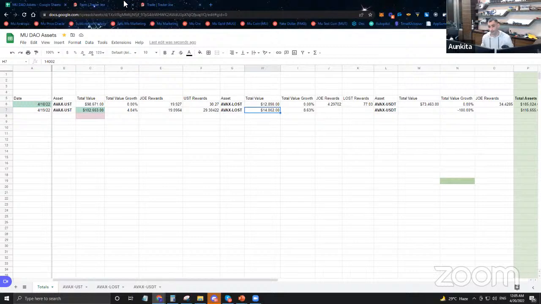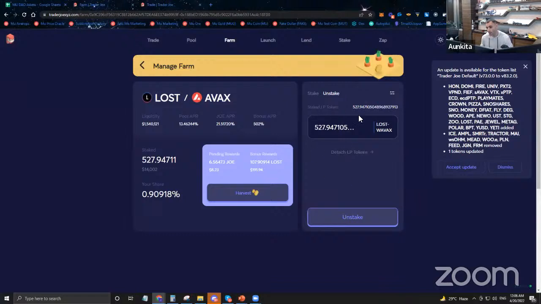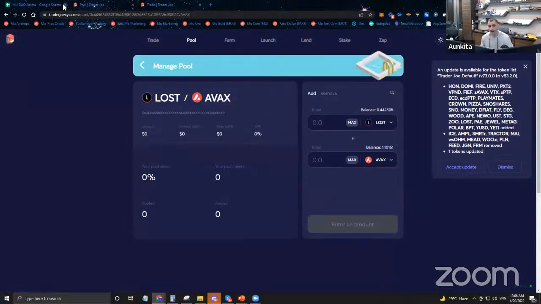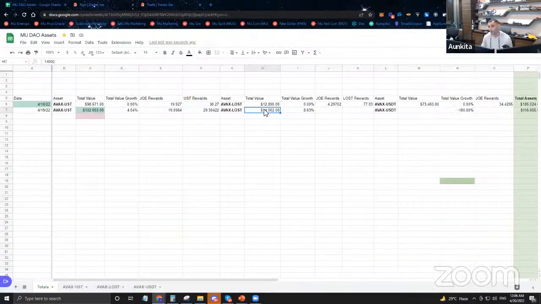Meaning what we could do right now is we could essentially say, hey, unstake. I want to unstake all these tokens. And once we unstake all these tokens, we can come back over to this liquidity pool, and we can essentially put those tokens back in this liquidity pool. And once we put those tokens back in that liquidity pool, we're going to pull out an asset that's now basically $1,000 more. We had a $1,000 gain essentially there that we can now go in and actually realize and be like, okay, that asset's grown by 8%.